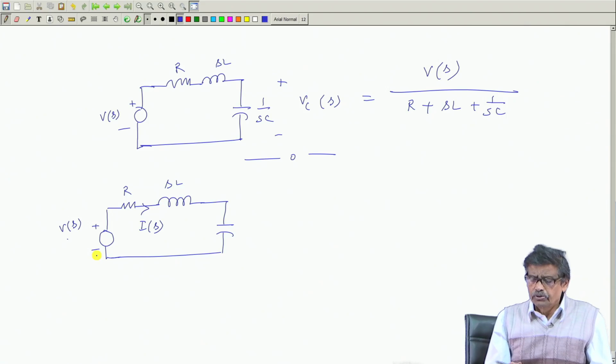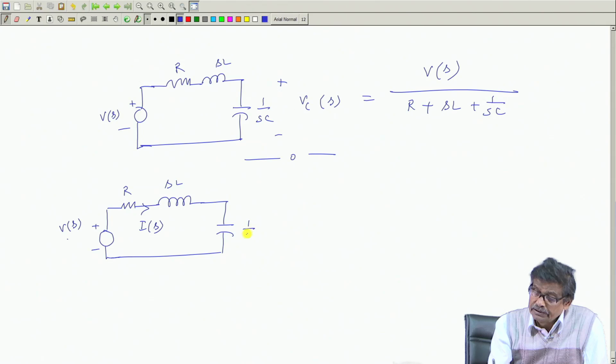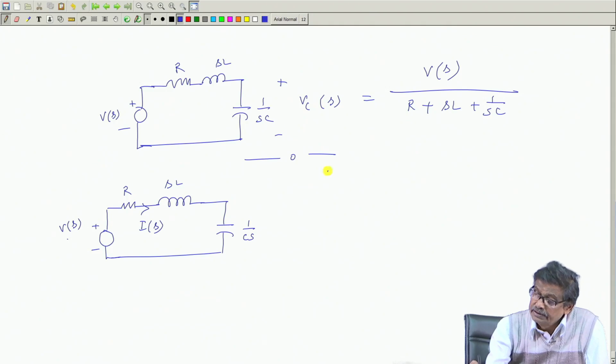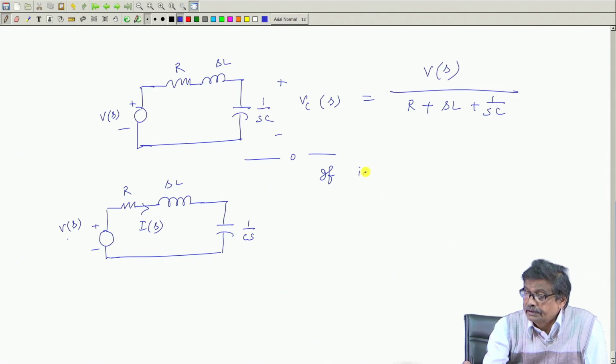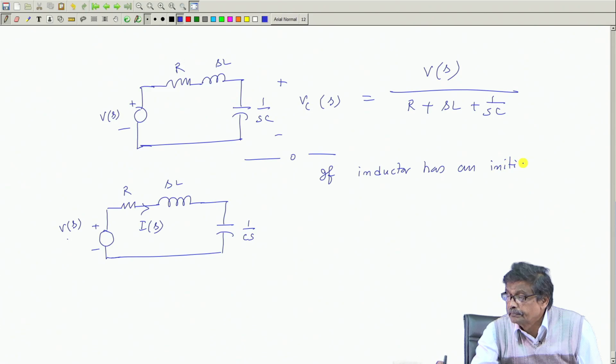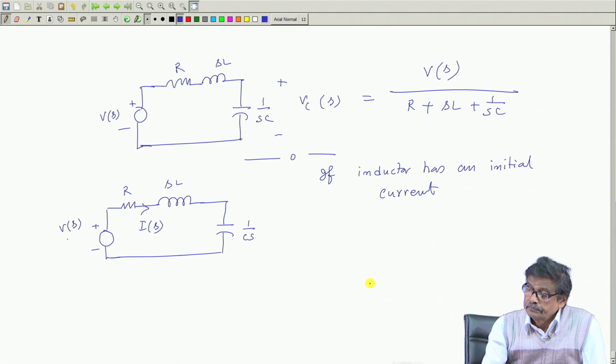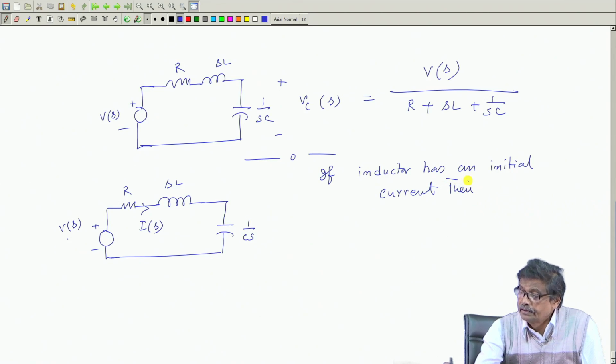Laplace transform gives you both the steady state and transient parts of the solution, that is fine. But if I now say that this inductor, when we apply this Vs from t equal to 0 onwards, has an initial current, then how to solve?